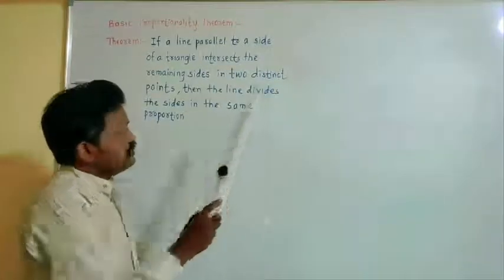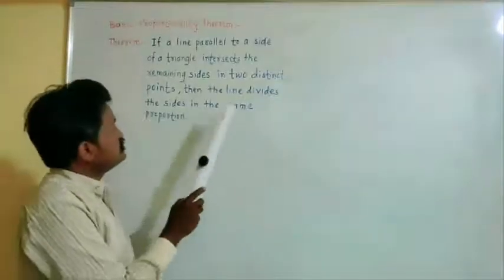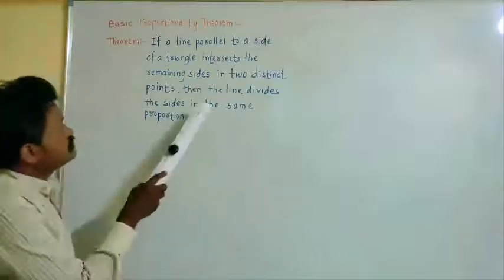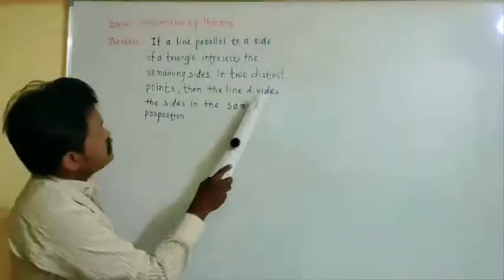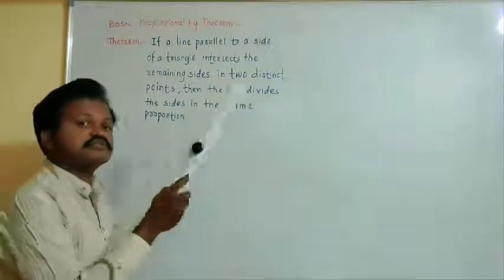Then the line divides the sides in the same proportion. त्यावेळी ती रेषा काय करते? The line divides the sides, त्या बाजूंना समान गुणोत्तरात विभागते.